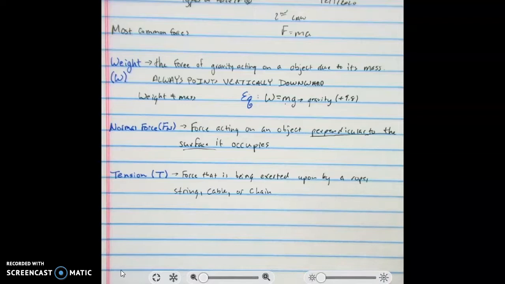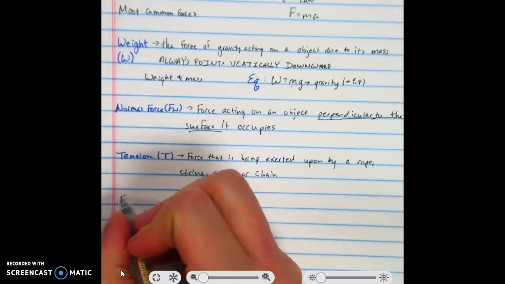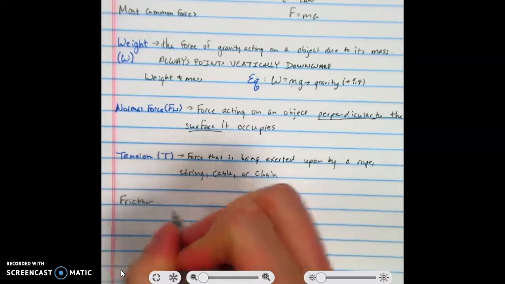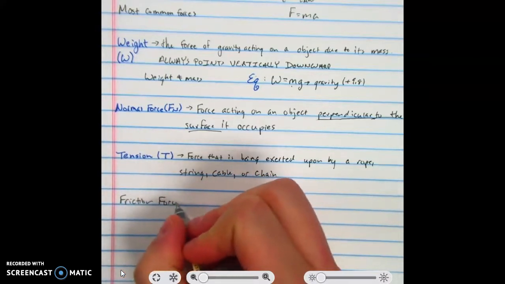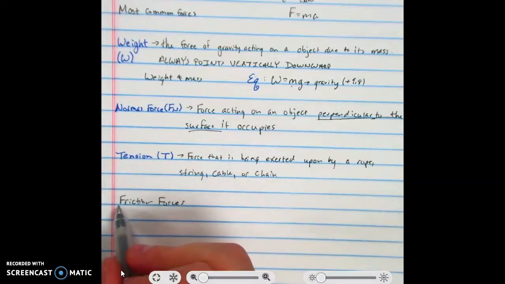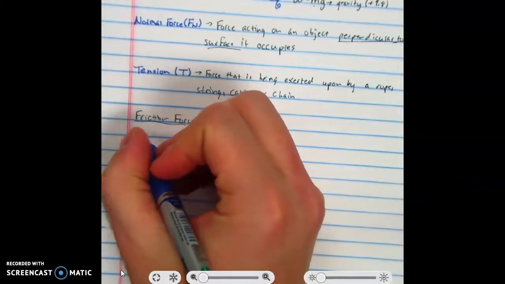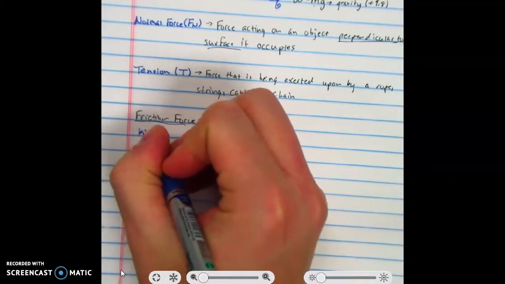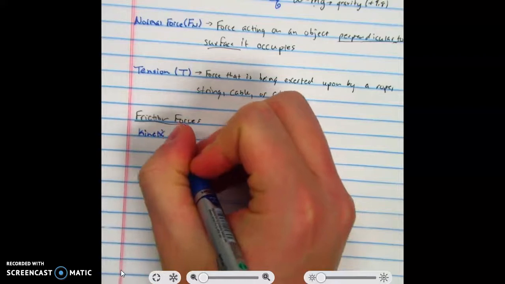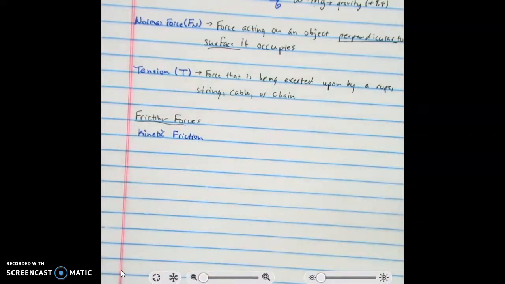Okay. The last two most common types of forces are friction forces. Now there's actually two types of friction forces. The first one is your kinetic friction. Okay?